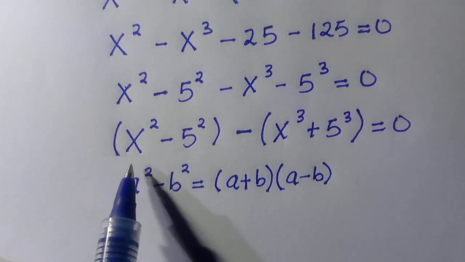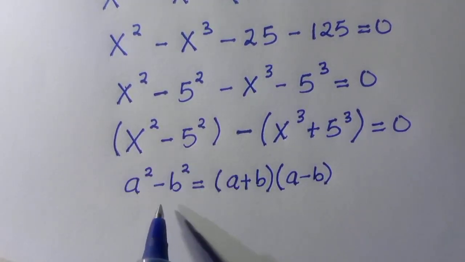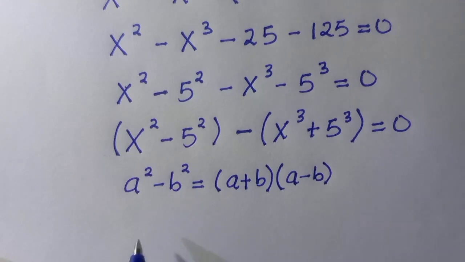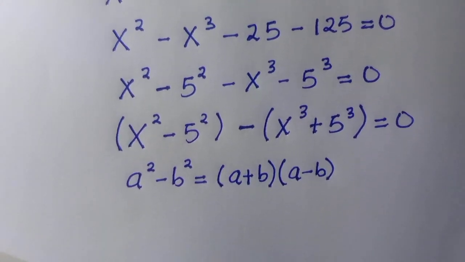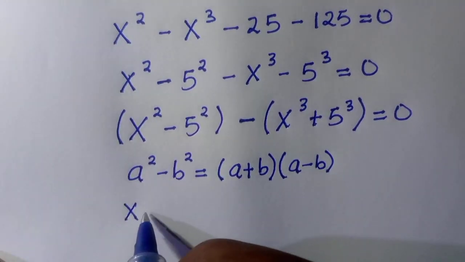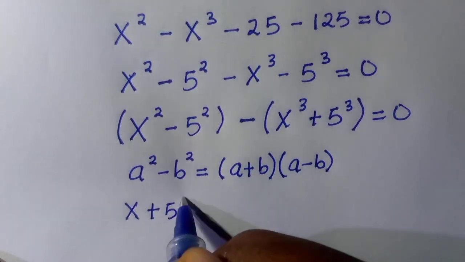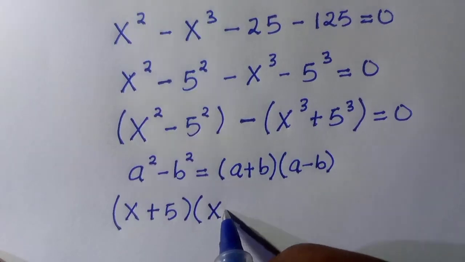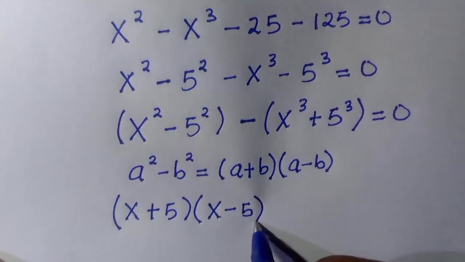So we have x squared minus 5 squared, which gives this result. If x is a and b is our 5, we substitute it. Then we have x plus 5 open bracket x minus 5.